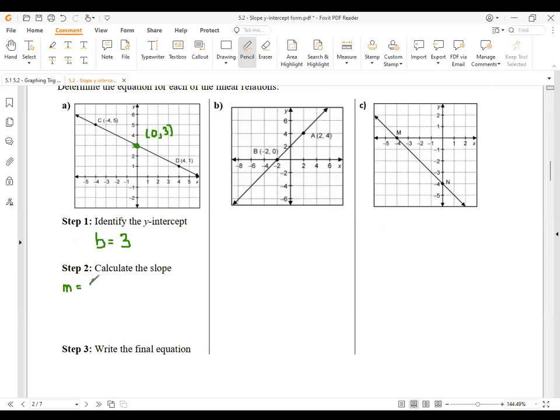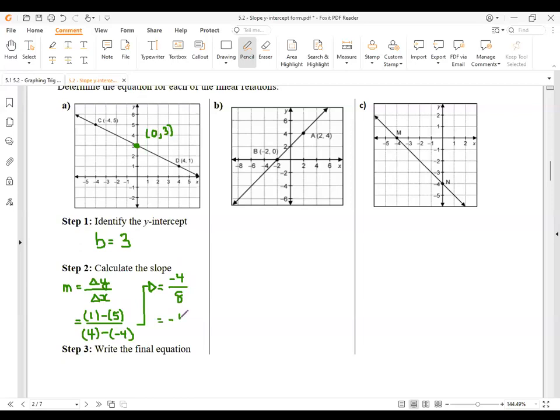Slope is equal to the change in y over the change in x, which is the same as... see, 1 is the y value, 4 is the x value, minus, minus, 5 is the y value, and negative 4 is the x value. 1 minus 5 is negative 4. 4 minus negative 4, that's a 4 plus 4, that's an 8.